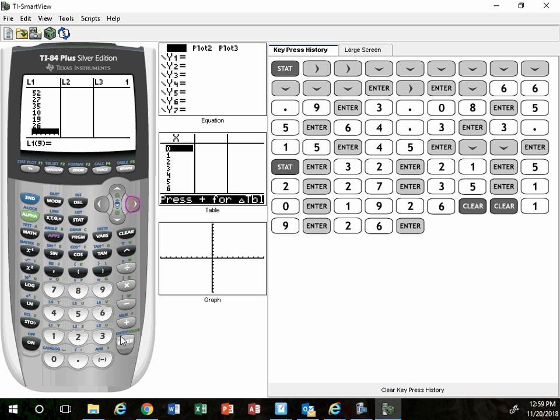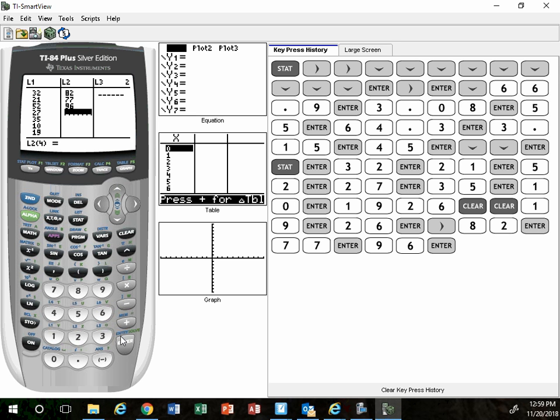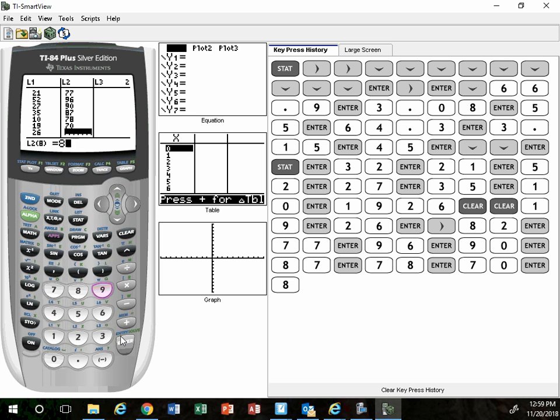Okay, then in list two, you're putting the post-test scores, and they need to be in the same order. 77, 96, 90. All right, everybody have them in?